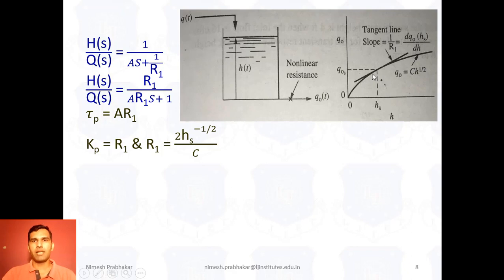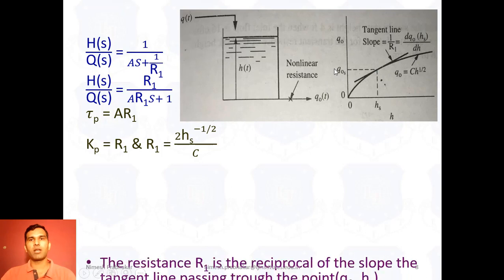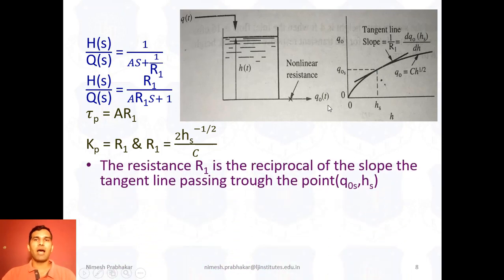But at the steady state value, that means at Hs and Qs, this follows a linear relation. This tangent is present. So we can say from the graph that the resistance R1 is the reciprocal of the slope of the tangent line passing through the point Q0s, Hs.